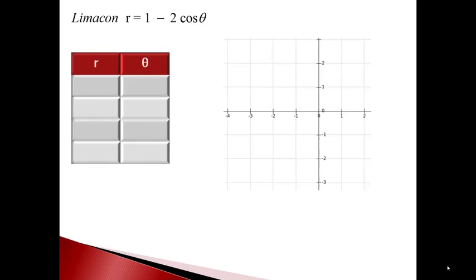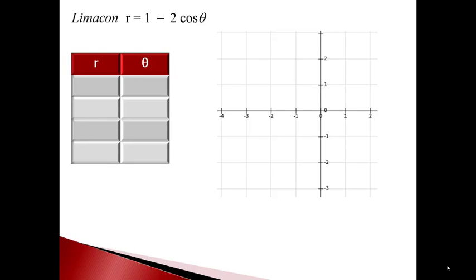Graph the equation of a limaçon, r equals 1 minus 2 cosine theta. We construct a table of values of (r, theta) and plot the corresponding points in the plane. When theta equals 0, r equals minus 1, we obtain the first point.